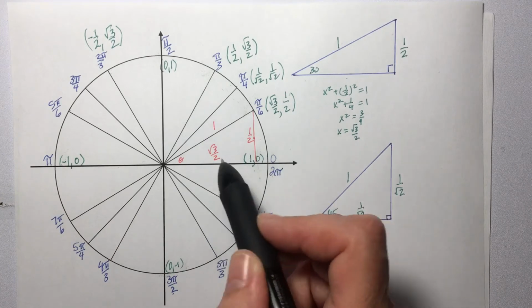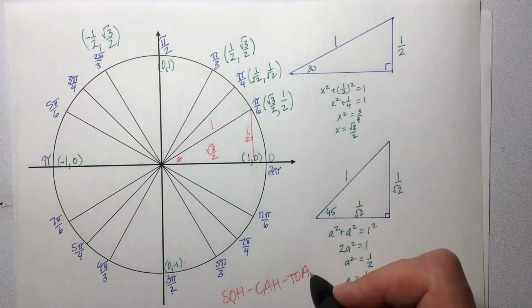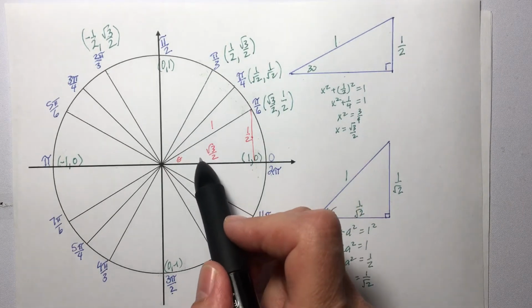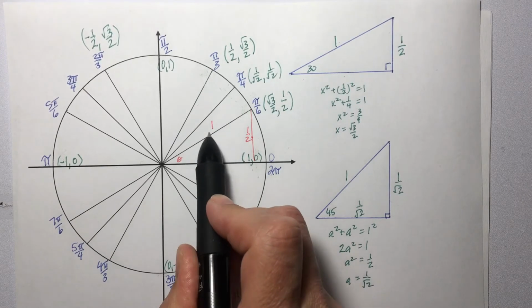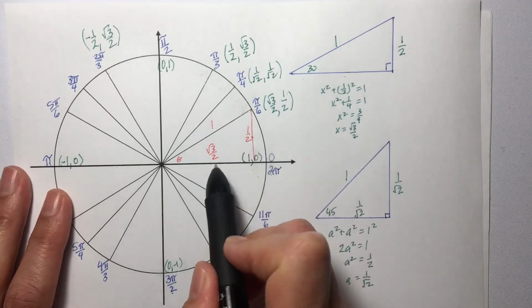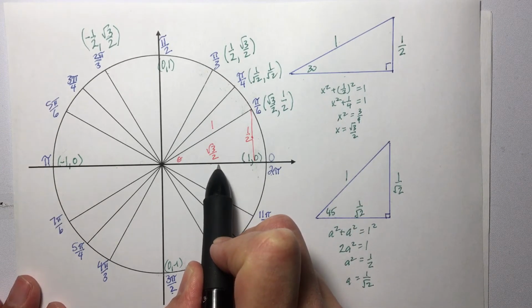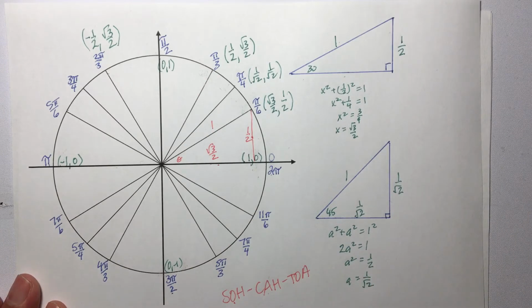I'm referring to the degrees sometimes just because it's familiar territory. Cosine being adjacent over hypotenuse, so cosine of 30 would be √3 over 2 divided by 1. And then tangent being opposite over adjacent, 1/2 over √3 over 2. And we don't have to clean that up either. It's convenient. It's totally fine to leave a truly ugly fraction.